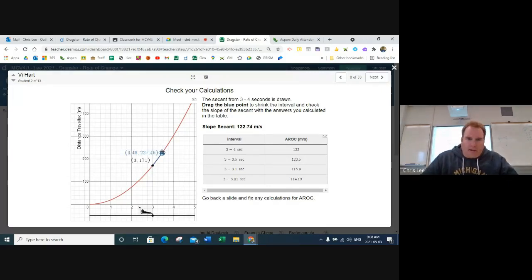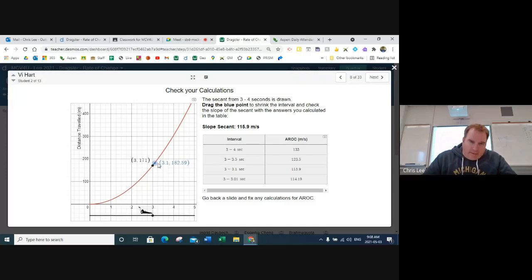Okay, and then going even closer, 3 and 3.1. So, there we go. Now I have a really tiny secant between 3 and 3.1 seconds, and the slope of that is 115.9.